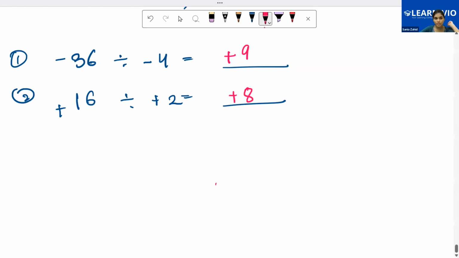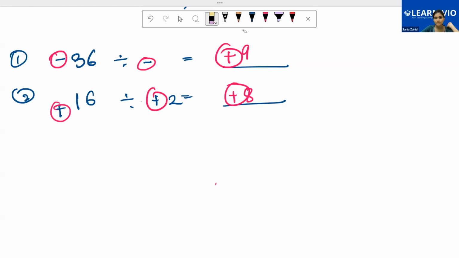First of all, you just divide normally: 36 and 4, you'll get 9. 16 and 2, you'll get 8. Now, how will you put the signs? If both of the numbers have the same sign, then you put a positive sign in the answer. If both of the numbers have different signs, then you put a negative sign. Here both are negative, so you put a positive sign. Then positive and positive, so you put a positive sign.